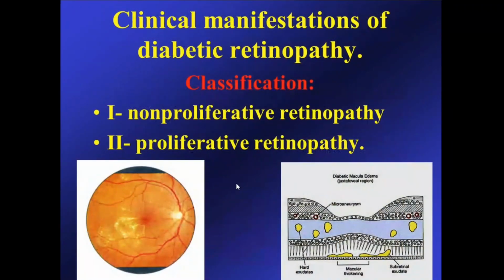Okay, we just revised the pathogenesis of diabetic retinopathy, and now we should speak about the clinical manifestation of diabetic retinopathy. Classification. We have two stages, non-proliferative and proliferative diabetic retinopathy.